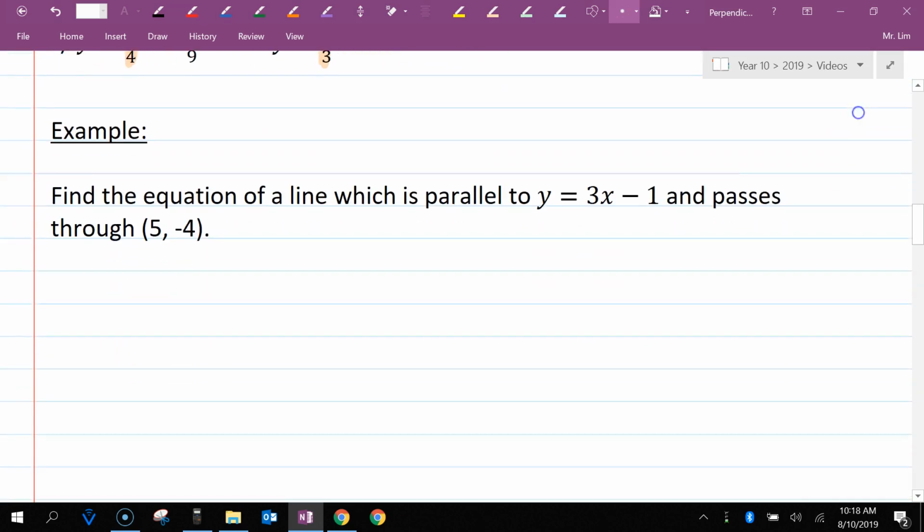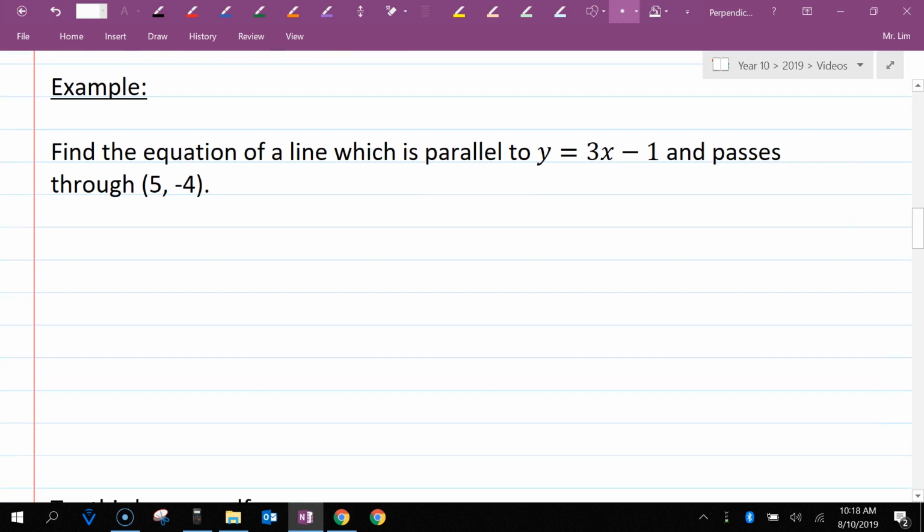So now we're going to look at how to find the equation of a parallel line. Find the equation of a line which is parallel to y is equal to 3x minus 1 and passes through (5, minus 4). In the previous video, when we looked at how to find the equation of a line, we said we needed 2 things: the gradient and the y-intercept.